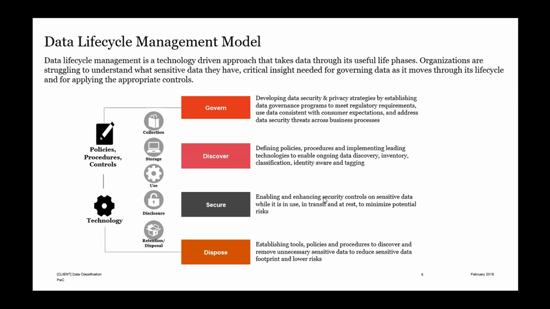And then the other part: whatever data you have identified, you will have to see how you are going to secure it. As Vamsi pointed out, data could be in transit, or it could be at rest. In all these areas, you need to look at how you're going to secure the data.